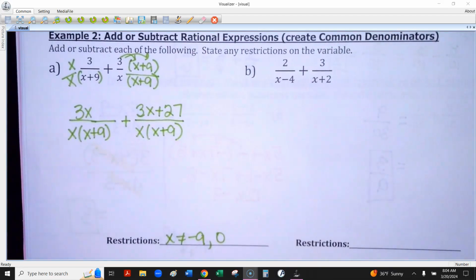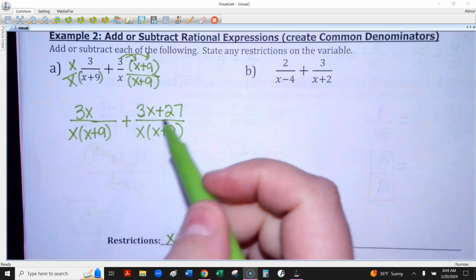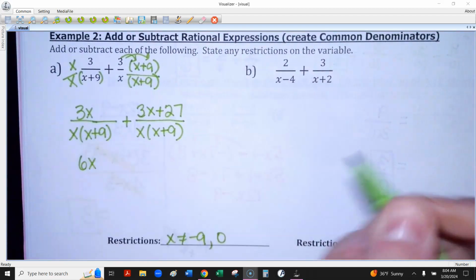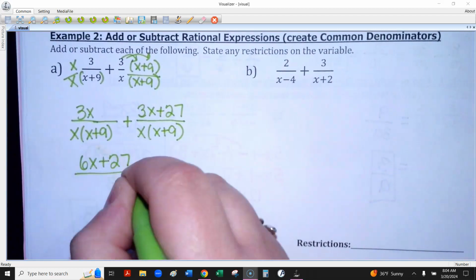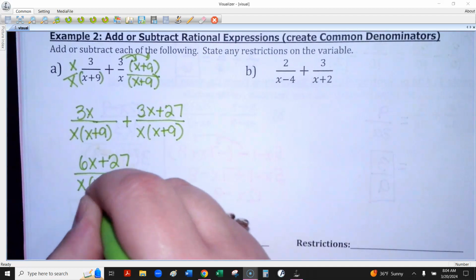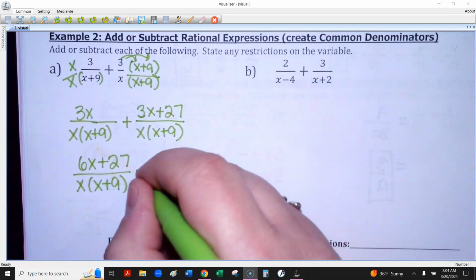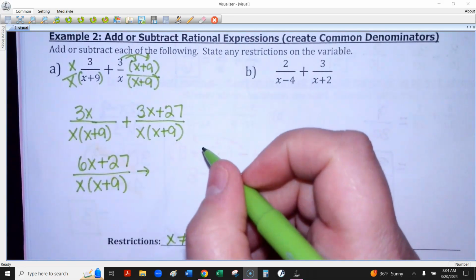All right, now if I just work on adding the numerator together, just going to combine like terms. So 3x and 3x would be 6x. There's nothing for me to combine that 27 with, so I'm going to leave that alone. Now, just to check, and like I said, not always, but on the top here, both of those numbers are divisible by 3.